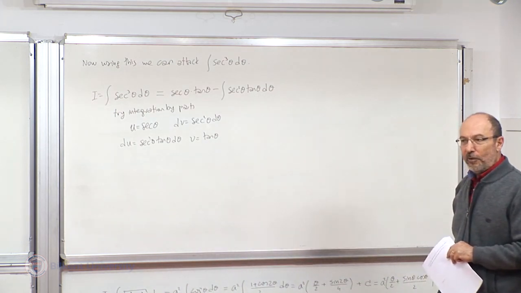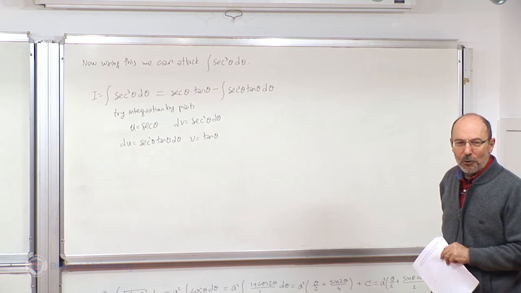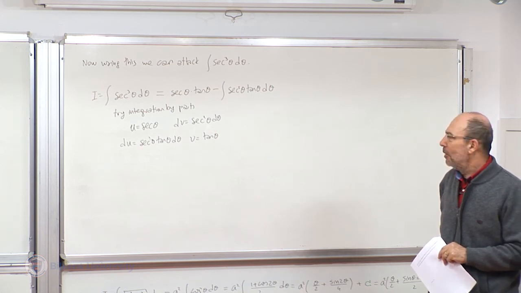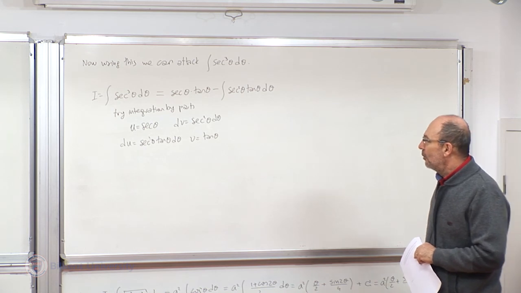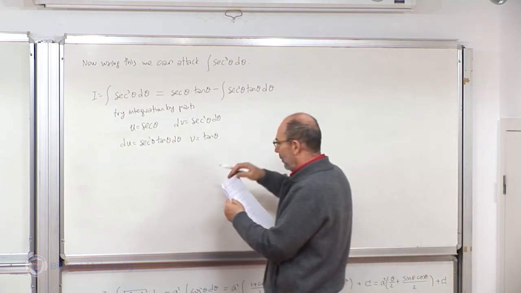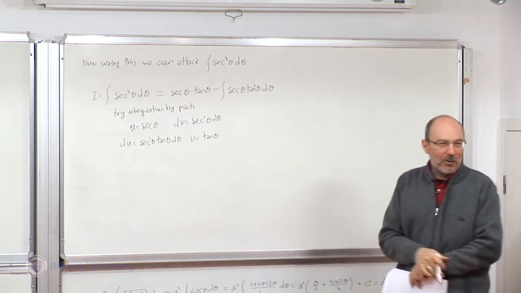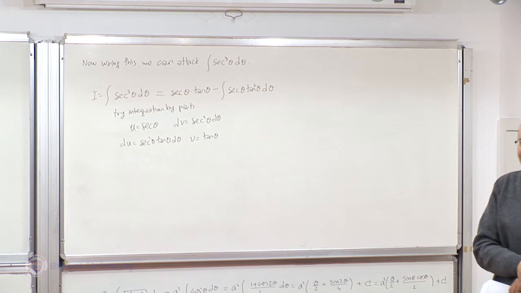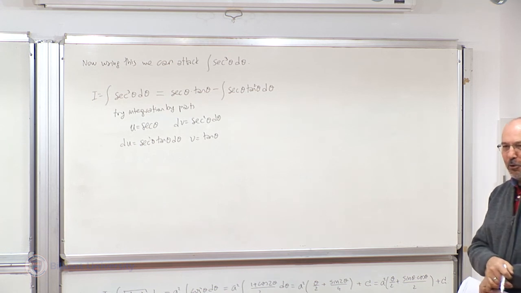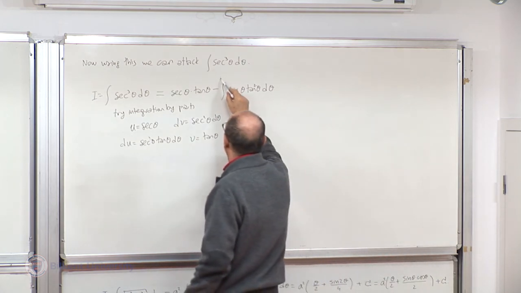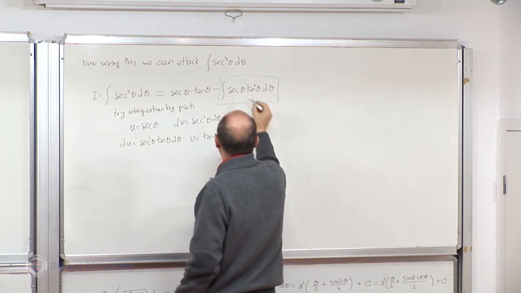It looks hopeful because we were dealing with secant cube, and now we have secant square. Question? Well, it's even better. We were trying secant cube, now we have secant. Let us see what we can do with this one.